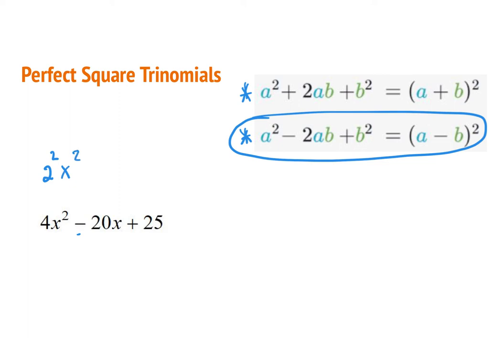X squared, so that is a perfect square. 25, square root of 25 is 5. So that is a square. We're good. Then I need to take 2 times the A times the B. So 2 times 2 is 4. 4 times 5 is 20. So yes, I could use the formula because it is a perfect square trinomial.